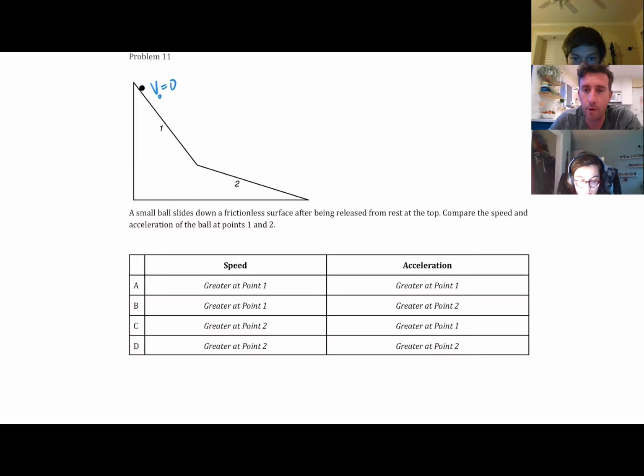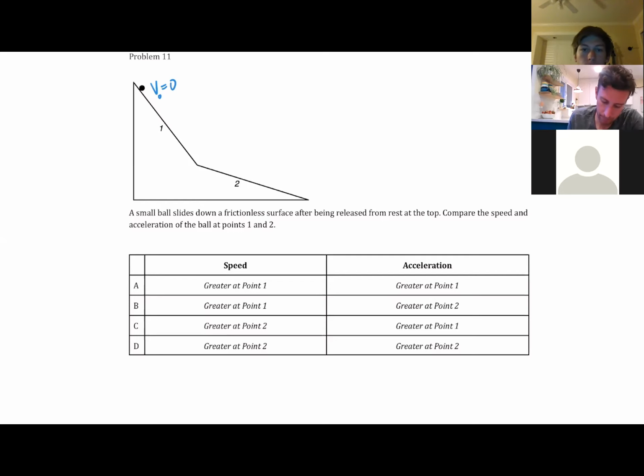All right, somebody who's feeling brave, give me an answer and a justification. Answer C. Great, why is the answer C? Because there it has had more time to accelerate. Yep.